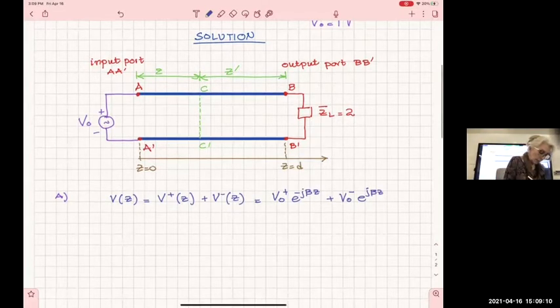Also, let's write about the current. To remember, the current has the same two waves, an incident and a reflected.